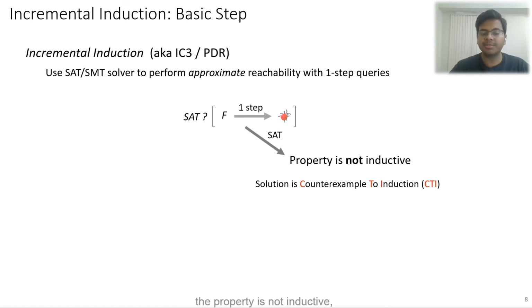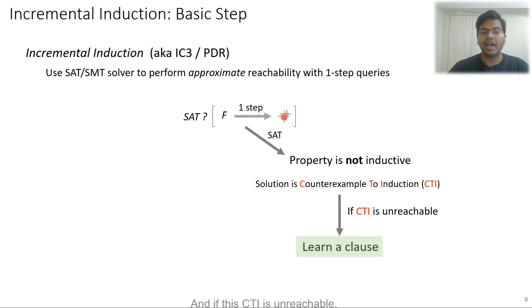However, generally speaking, the property is not inductive, in which case the algorithm looks at the solution to the query, referred to as a counterexample to induction. And if this CTI is unreachable going backwards, we learn a clause to refine the over-approximation. Let's not go into the details and go back to the distributed protocols.